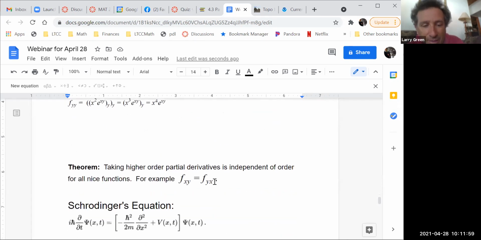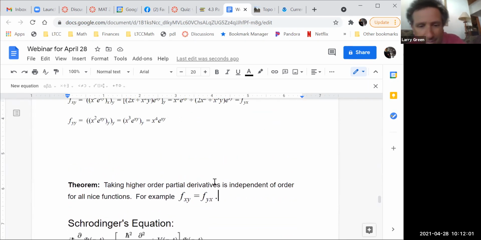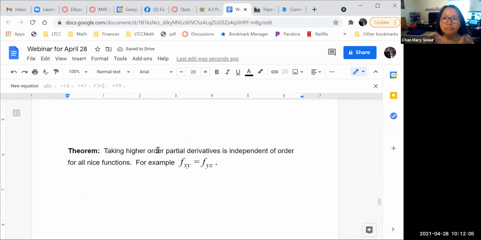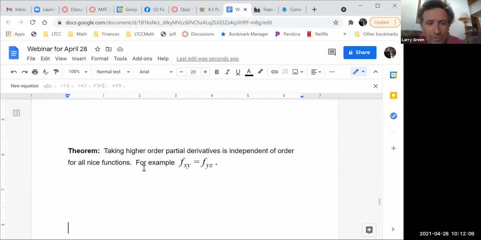Let me let you know the big theorem. And that is taking higher order partial derivatives is independent of order for all nice functions. So for example, fxy equals fyx. Technically there's four different derivatives, but if you switch, you always get the same.